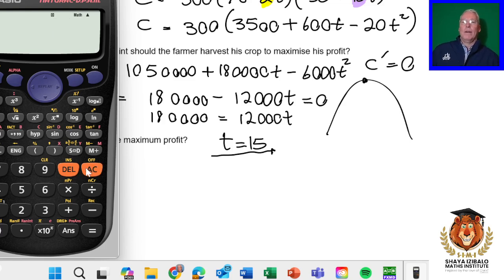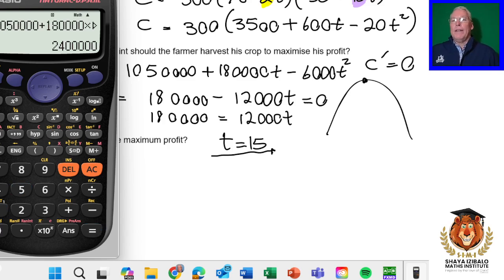We're going to go 105,000 plus 18 with 4 zeros times 15, minus 6,000 times 15 squared. And we get, that's in cents, not in rands, so we need to divide that by 100.